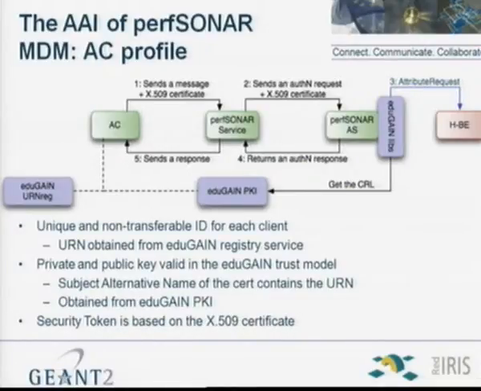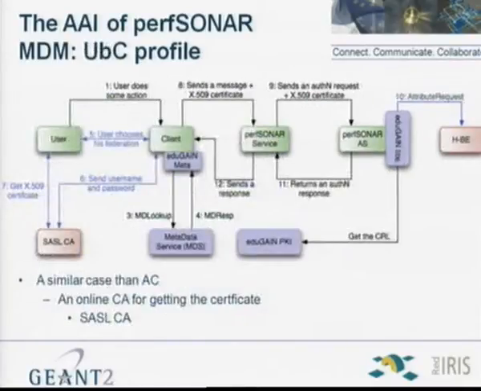The AES sends the attribute request to the home bridge element if it is necessary, and sends the response. The thing here is the certificate and the private and the public keys are stored on the hard drive, so you have to take care of the private key. And of course, if you generated the private key with Debian, you should read some documents about that.